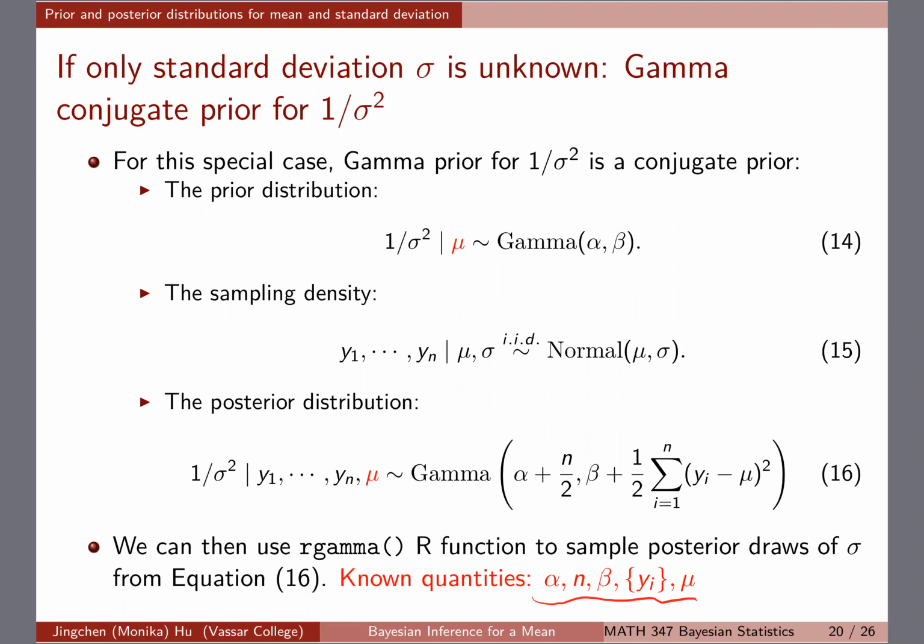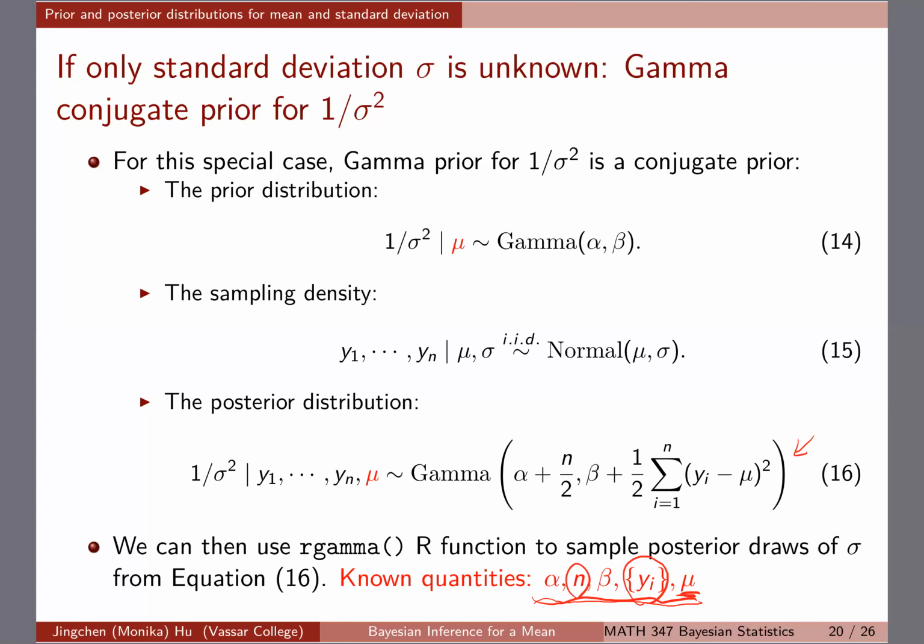So you give a particular gamma prior, so you know the values of alpha and beta, and you know n is the sample size, right? And you know the sequence of y, which is from the data. And lastly, you know mu, because we assume that mu is known. So what this means is if you know these 5 quantities, you can know exactly what this gamma posterior distribution is. Okay, you know alpha plus n over 2, you also know the other term.